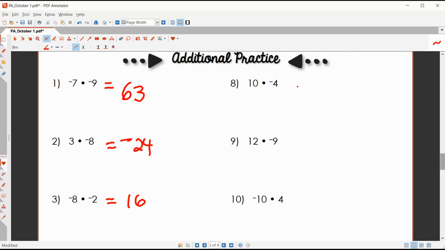Positive 10 times a negative 4 is a negative 40. 12 times negative 9 is 108, negative 108.